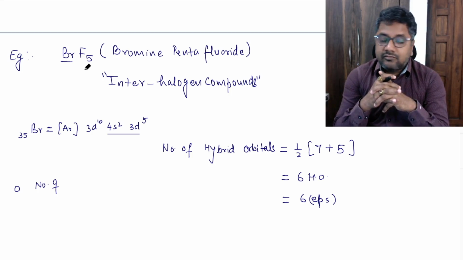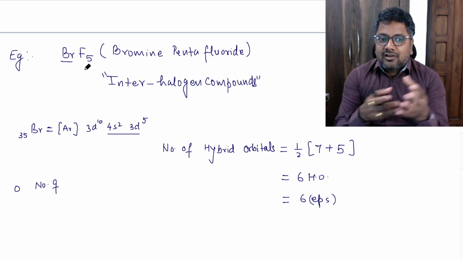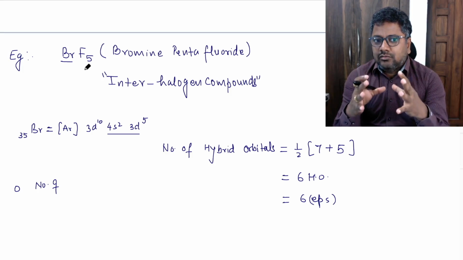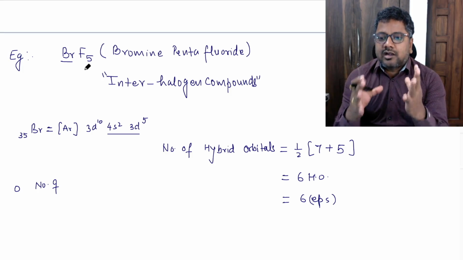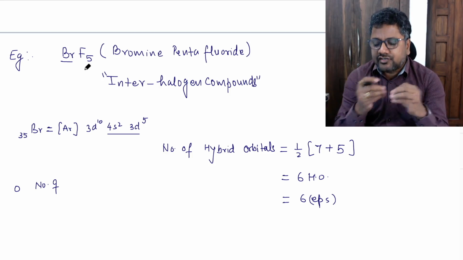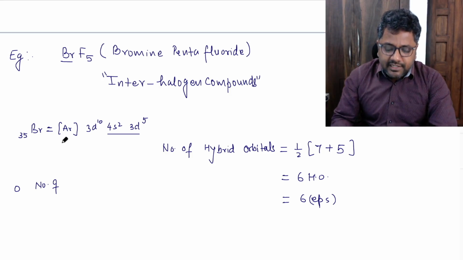If you have not worked it out properly, you cannot answer whether 3d is involved, 4d is involved, or 4s is involved. So it is better to do a complete postmortem of some molecules, at least one molecule from each hybridization.